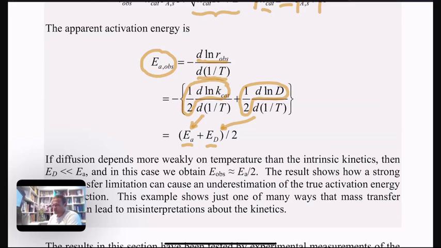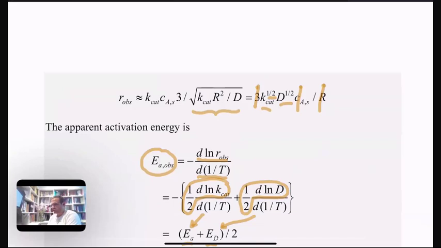So in many cases, E_d will be very close to 0 compared to the size of E_a, and that results in the observed activation energy appearing to be half as large as the real one, which is a fascinating result. If you go through and you do this for other geometries, you see that all they do is they change whether this was a 3 or a 1 or a 2. And so this is a very general result.